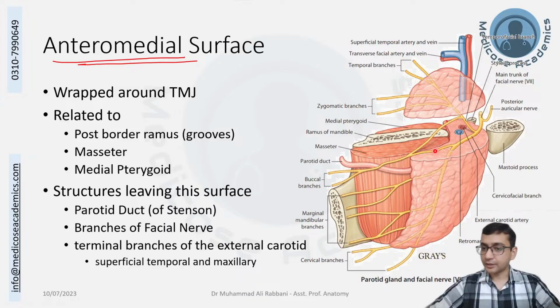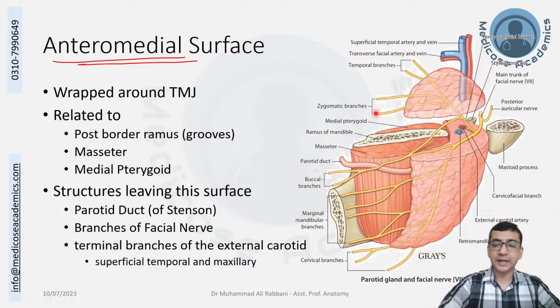They are exiting from the anteromedial aspect. And there are some branches of the external carotid artery exiting to go to the face, especially the maxillary artery and superficial temporal artery. They are exiting from this surface. So these are the anteromedial relations.